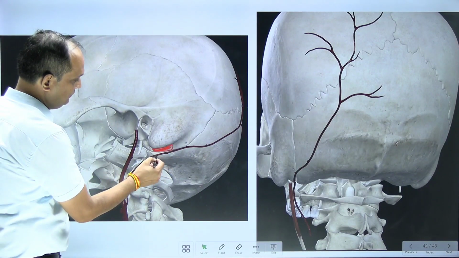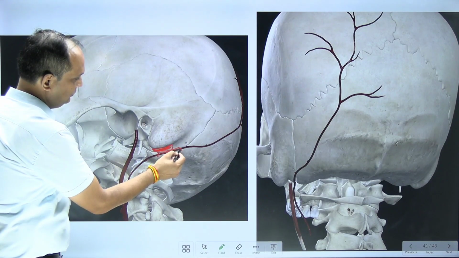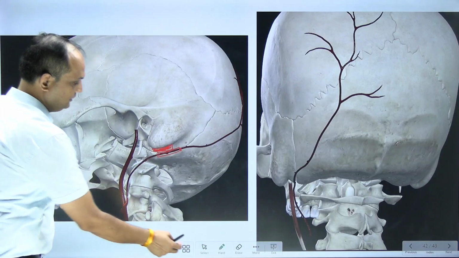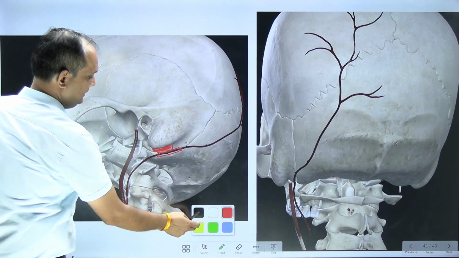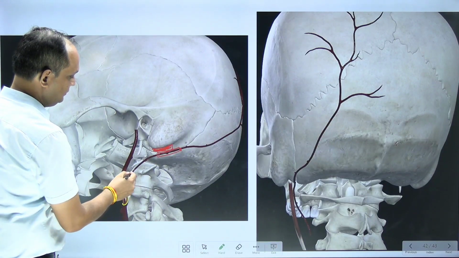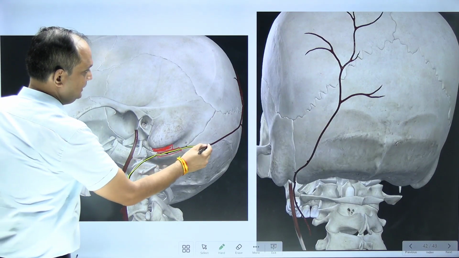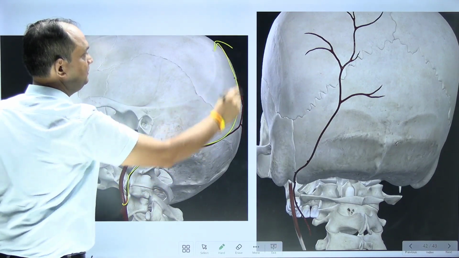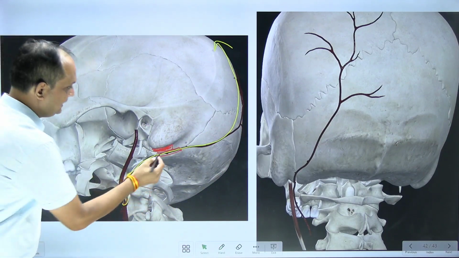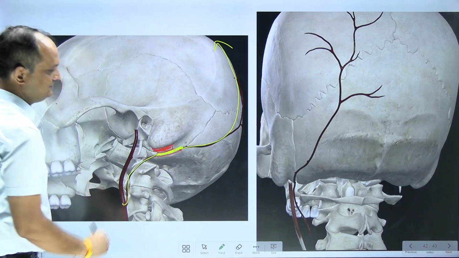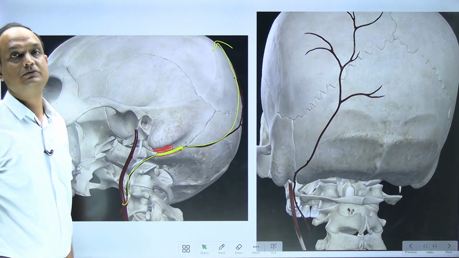Next to the notch you have a groove, and in the groove this is the occipital artery. We know that occipital artery is a posterior branch of your external carotid, and this artery goes like this to supply the posterior part of the scalp. Now this artery makes a groove here, and this groove lies just next to the mastoid notch.